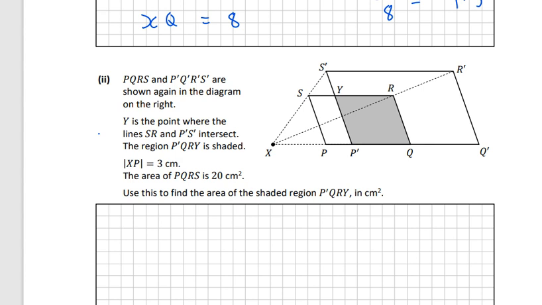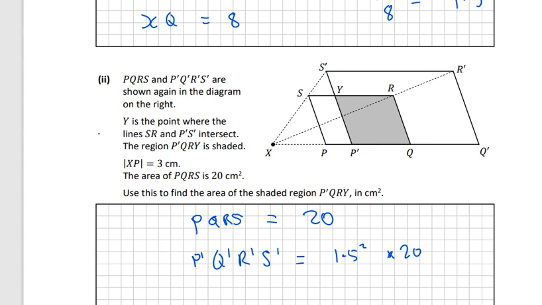Right, well, we know that the area of PQRS is 20. Therefore, if I want to know the area of the enlargement of that, so P dash, Q dash, R dash, S dash, it'll be 1.5 squared times 20.